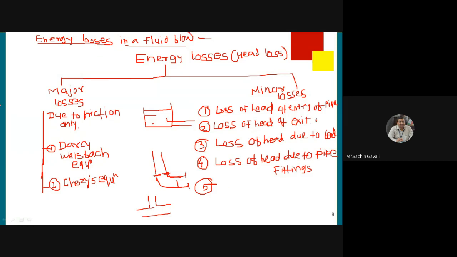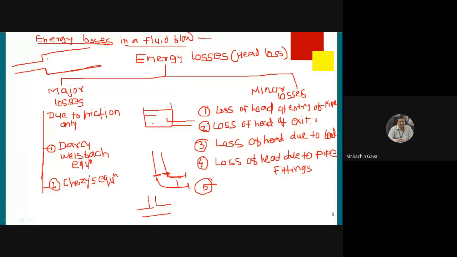Loss of head due to pipe fittings, okay. Then the pipe is not of uniform diameter. Sometimes a small pipe is there, and then again the pipe gets enlarged.